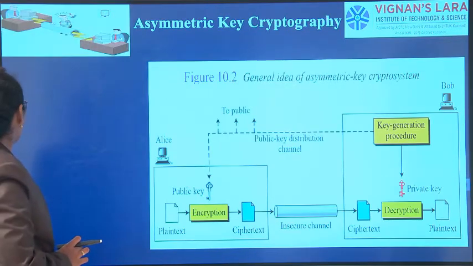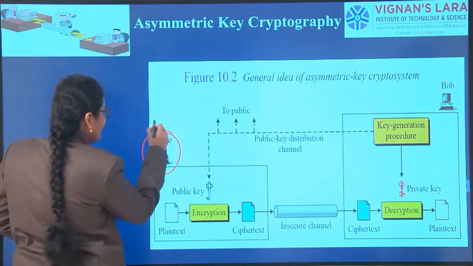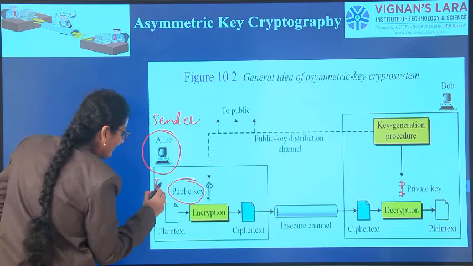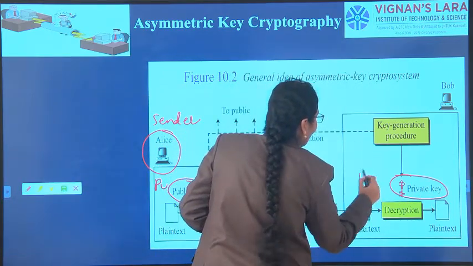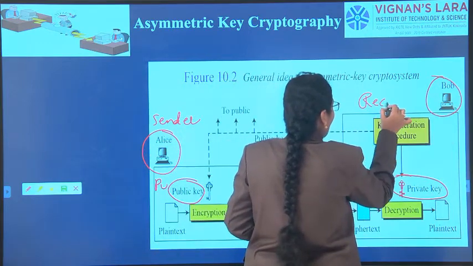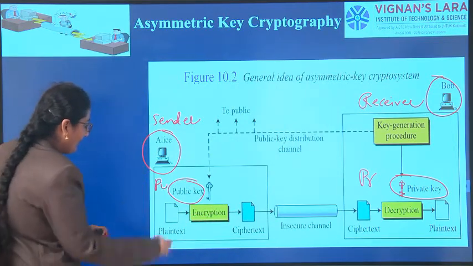In this example, Alice is the sender. Alice will have a public key and a private key. Bob is the receiver. So see what happened here.